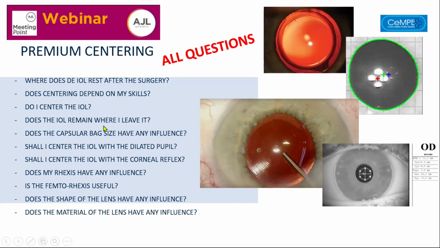Does the IOL remain where I leave it? No, again. Does the capsular bag size have any influence? Yes. Smaller capsular bags have fewer problems, and in larger capsular bags, like in huge myopias, the IOL floats inside the capsular bag after you implant it.